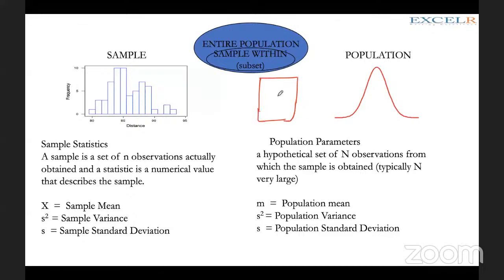The client said, my pen should be around 8 inch to 10 inch. This is the specification, and any pen which does not fall in this category, 8 to 10 inches, would be considered a defect. I will not pay for those pens. That is what the customer has given as the specifications.